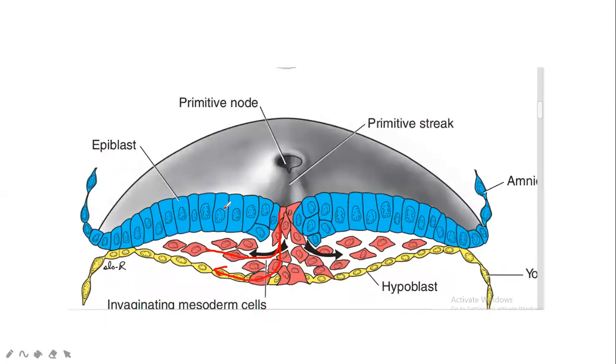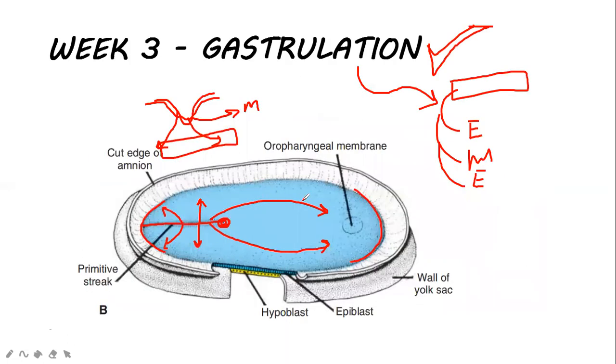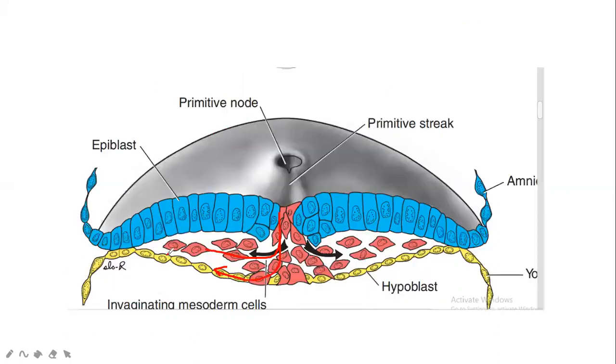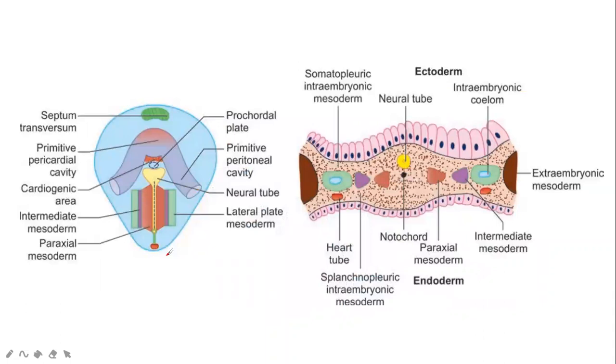So we said in the process of digging deep, when they move, they'll move in these directions, lateral and then caudal, to form definitively at the end of the third week these layers.